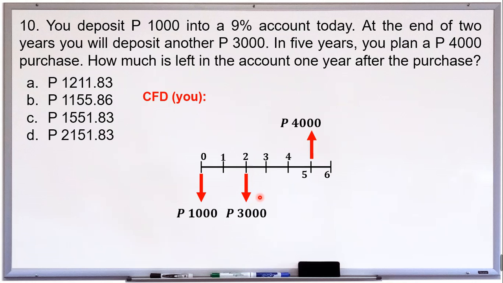and then you decided to withdraw an amount of 4,000 in 5 years because you're going to use it to purchase something as stated in the problem. Next, we are going to solve for the amount of money that is left in your account 1 year after the purchase, so that is in 6 years.